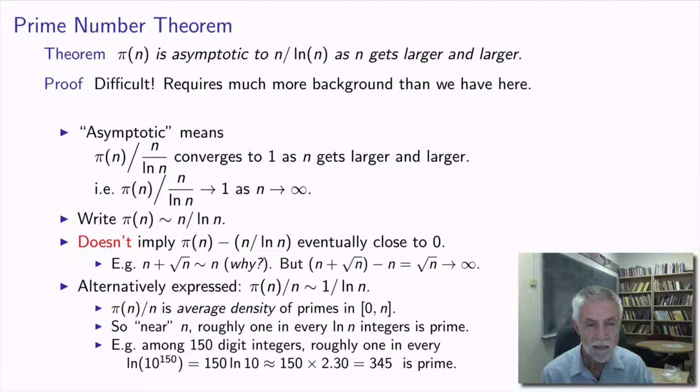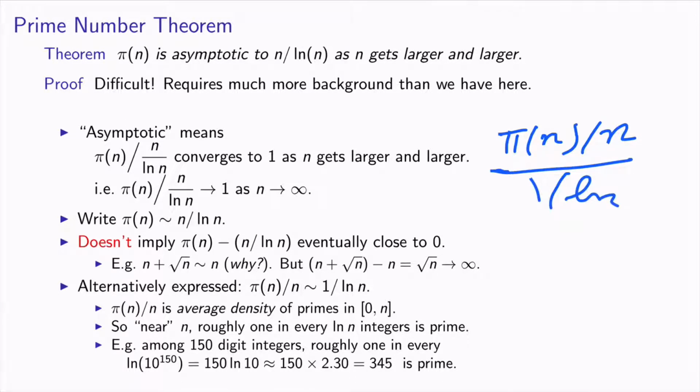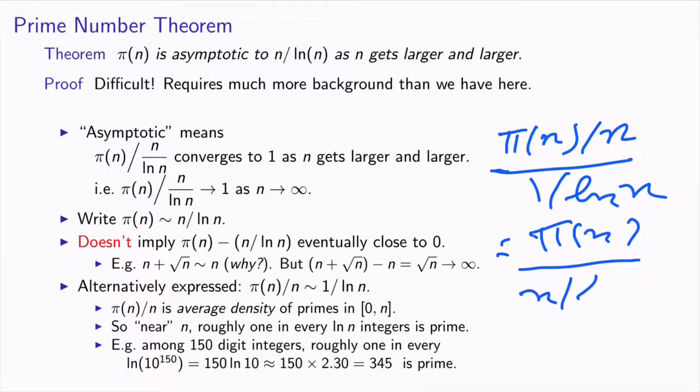This is really just another way of saying the same thing, because pi of n divided by n over 1 over log n is just another way of writing pi n divided by n over log n, just a little bit of algebra.